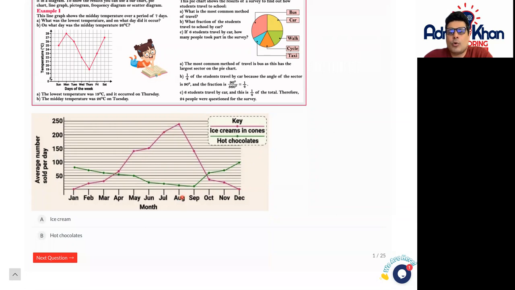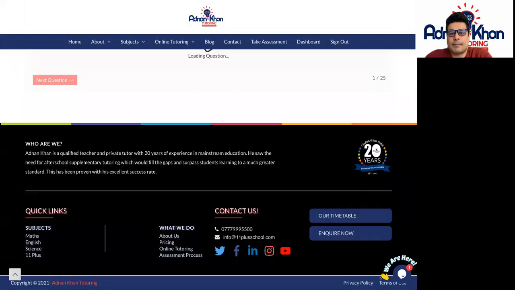So in August, we sold roughly, I would say, about 10 in total hot chocolates, because August being the middle of the summer is probably quite hot, and ice cream cones were very popular in August. Just under 250 of them were sold in this case. So in this case, the most popular is going to be ice cream.